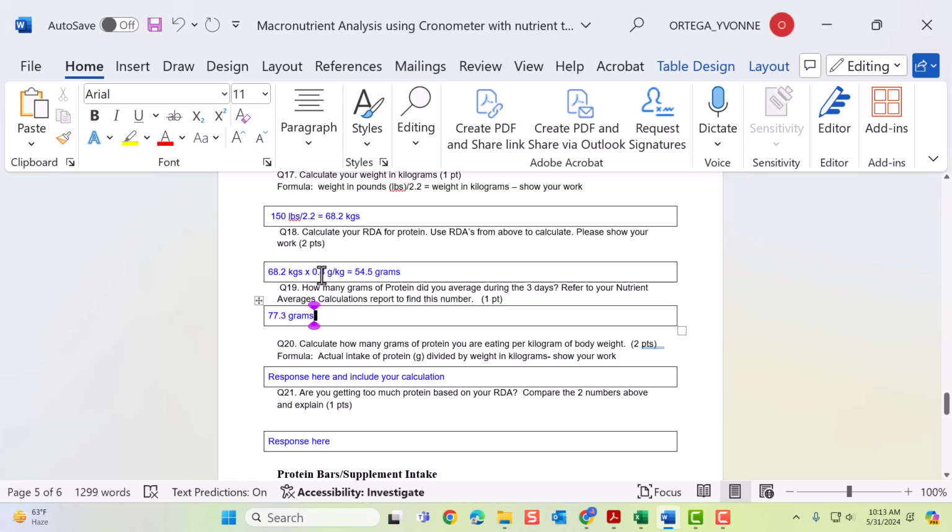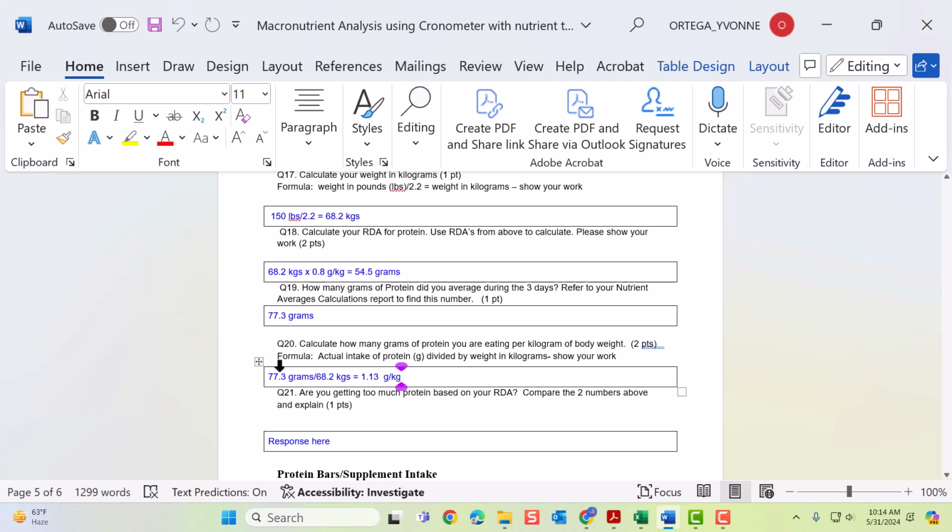We said you need 0.8. How many are you actually getting? To do that, you would take what you eat, 77.3 grams, the average, that was the calculation that we just did, divide it by your weight, 68.2 kilos, and that will tell me how many grams per kilo you actually have. So 77.3 divided by 68.2, that is 1.13 grams per kilo.